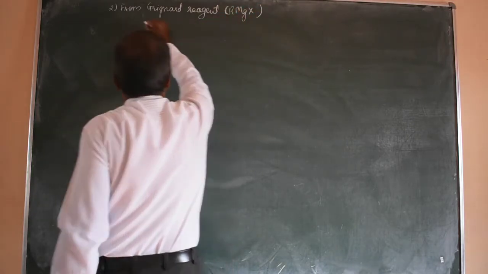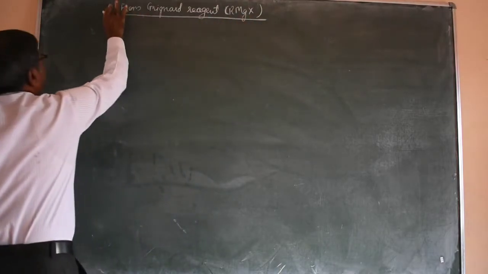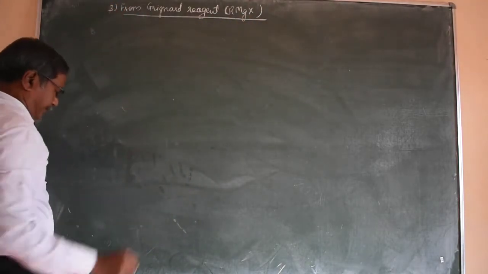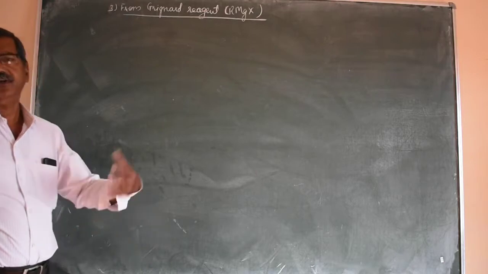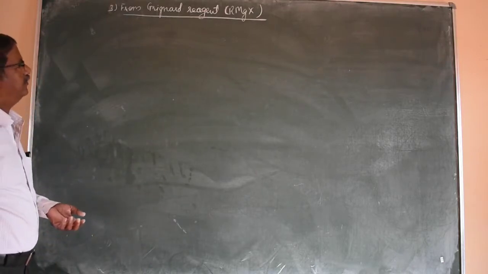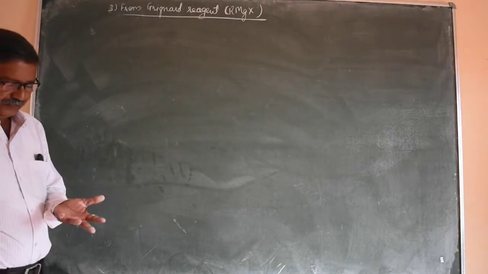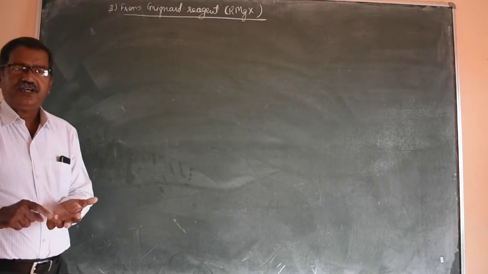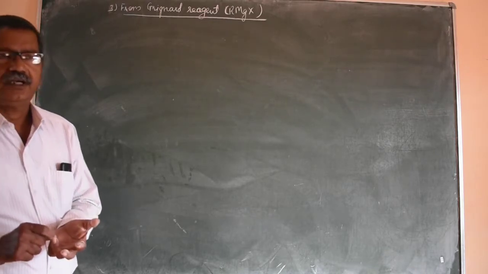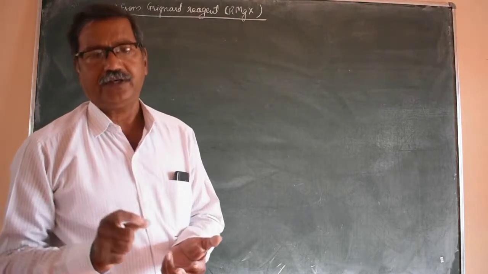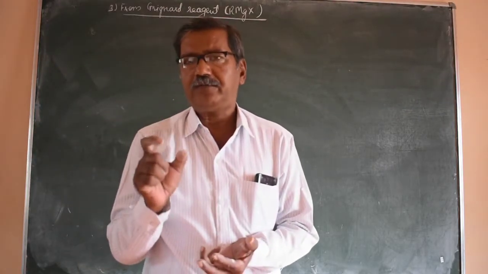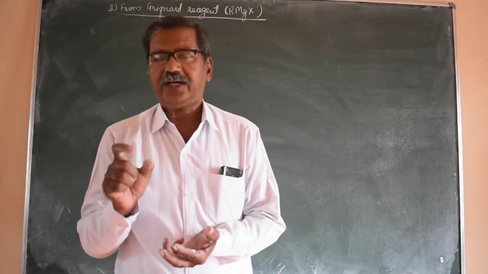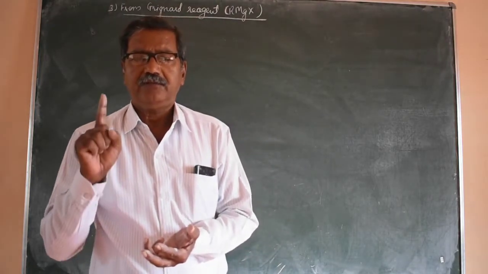This is the third method for the preparation of alcohol. All types of alcohol can be obtained from this. Well, primary alcohol is obtained by using formaldehyde. It's very important: only formaldehyde, when it interacts with the Grignard reagent, gives primary alcohol.